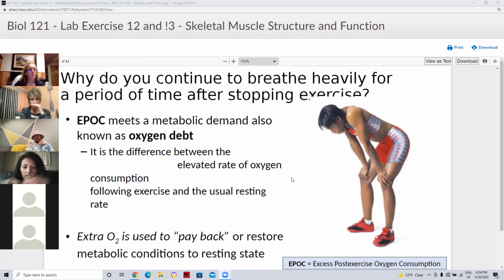This need to breathe heavily is what we call excess post-exercise oxygen consumption, where you breathe heavily in order to meet a metabolic demand known as the oxygen debt, which is the difference between the elevated rate of oxygen consumption following exercise and the usual resting rate.